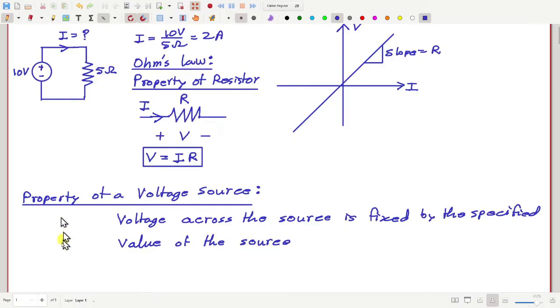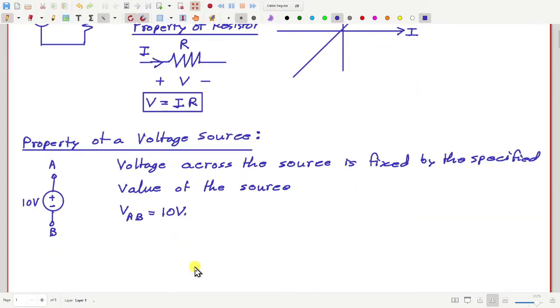Okay. So if this is a 10 volt source, plus minus 10 volt, and if the two terminals of this source are A and B, then VAB, okay, is always 10 volt.